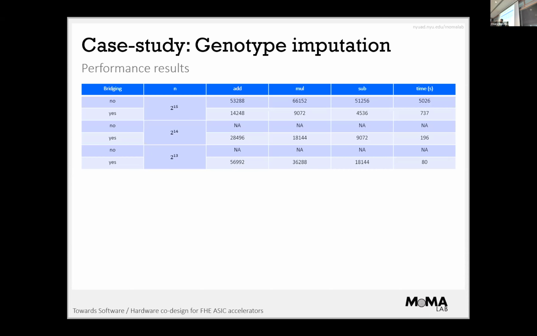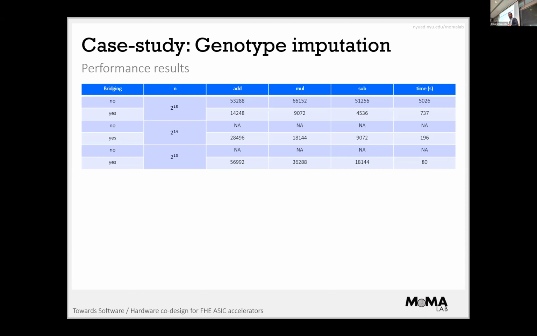Of course, the bigger the encryption parameters we have, the more data we can compute on. For the data sizes we have, we needed a specific number of additions, multiplications, and subtractions that lead to some time, right? If you employ bridging, that reduced the time from 5,000 seconds to 700 seconds. So it's a significant performance improvement when we manage to play with the data types that we use to compute the correlations on the data.